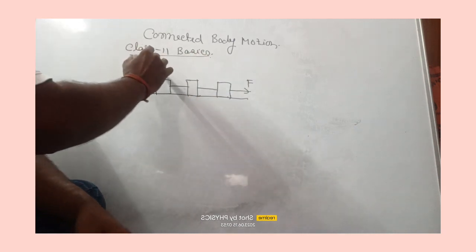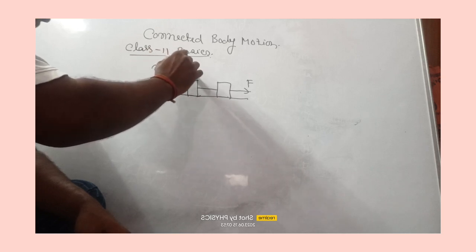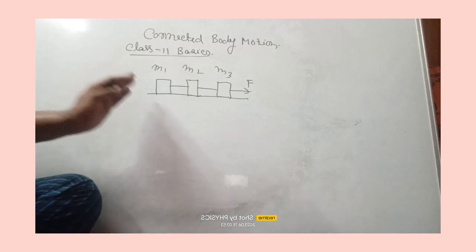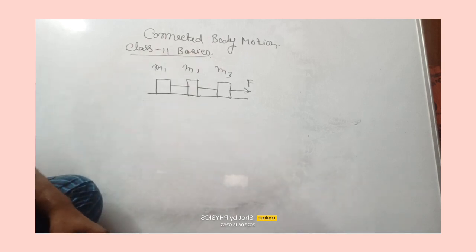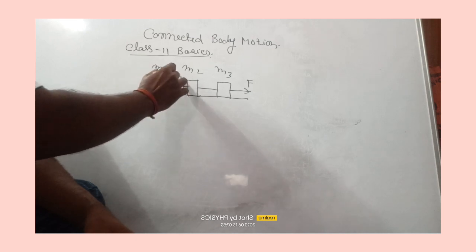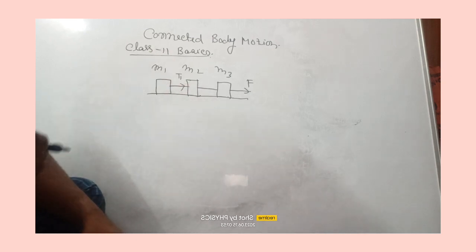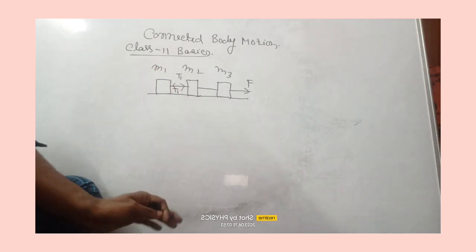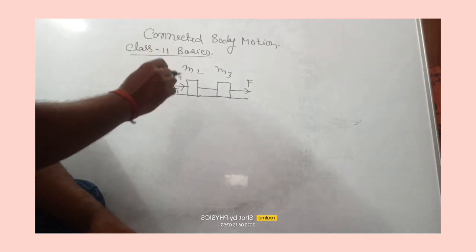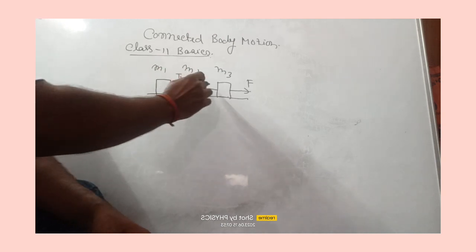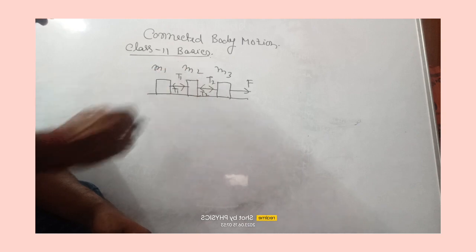The masses are m1, m2 and m3. The tension acting on the mass m1 is T1, and for m2 it is T1 in the leftward direction. For m3, tension T2 acts in one direction, and for m2 T2 acts in the other direction.